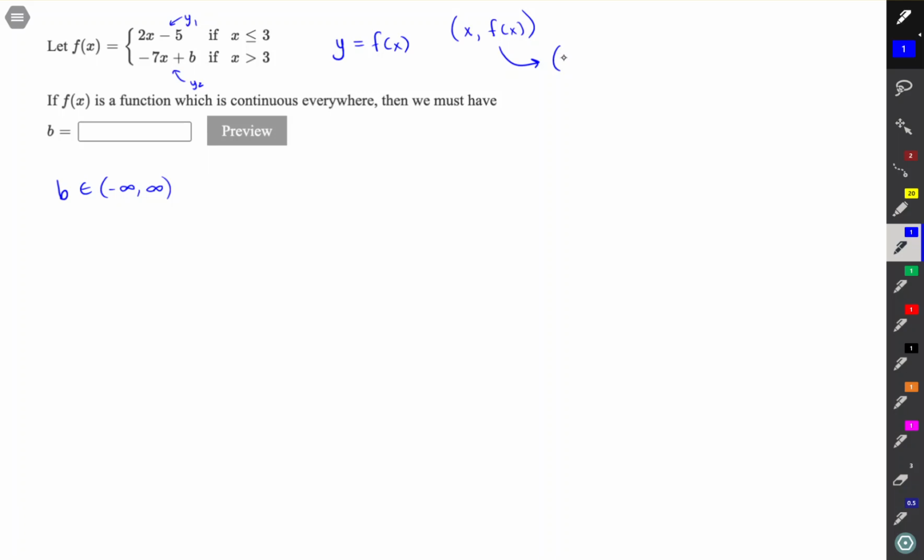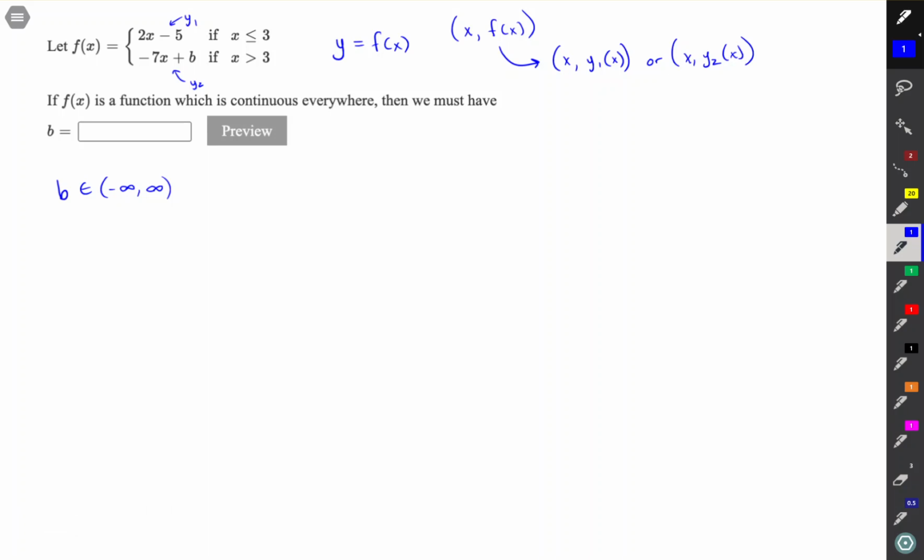So it really could look like x comma y1 of x if x is less than or equal to 3, or it could be x comma y2 of x if x is greater than 3. But there's still x values and y values.